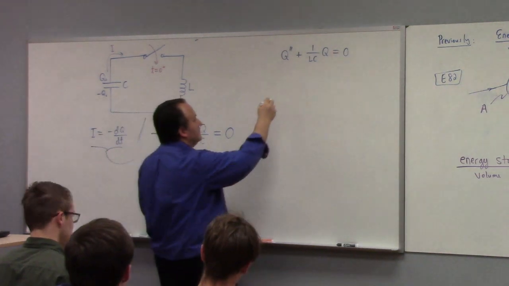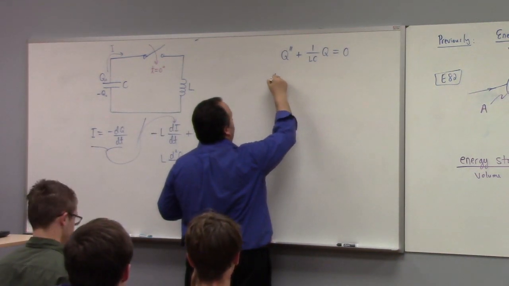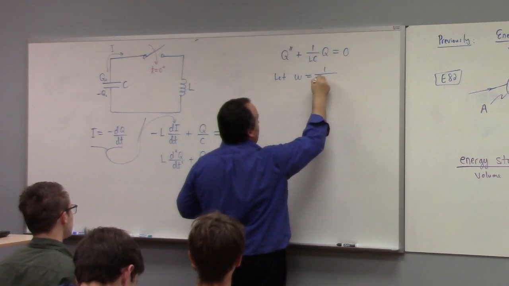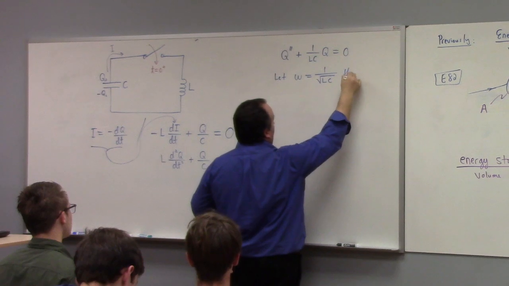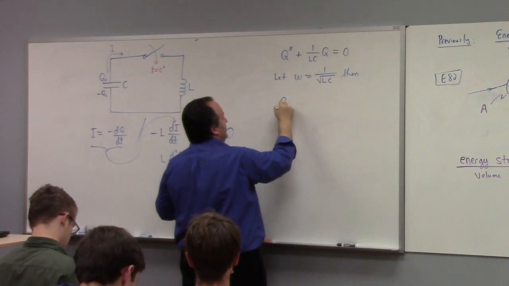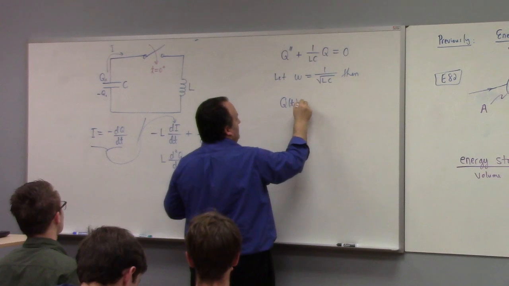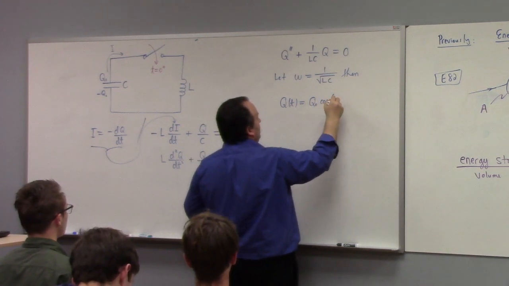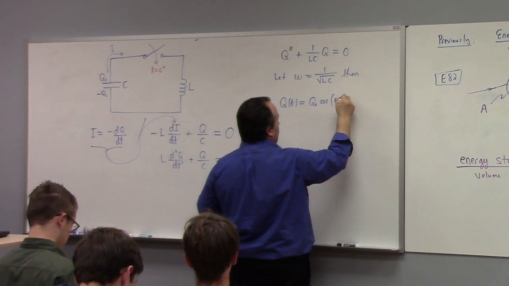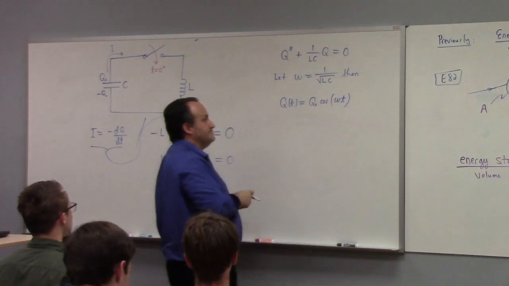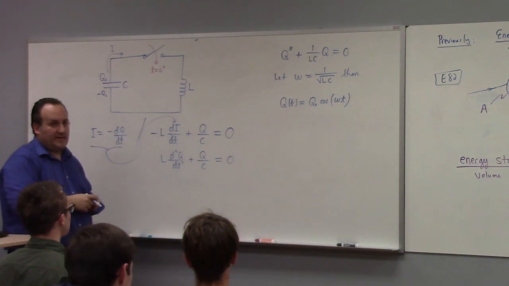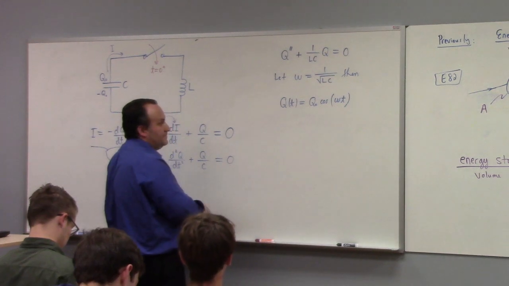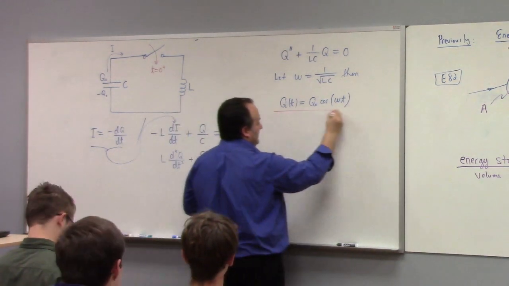So in short, if we let omega equal 1 over the square root of LC, then you can check that if we set Q of t equal to Q naught cosine of omega t, we'll be in business here. My claim is that that is the solution to the initial value problem. So this is my claim.